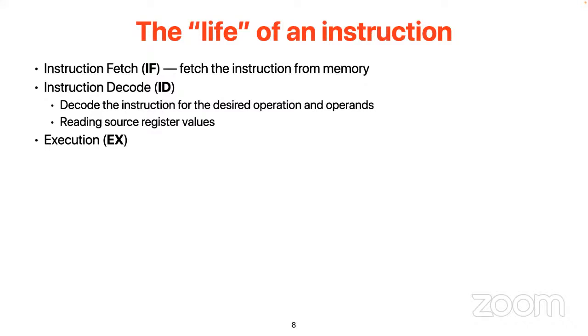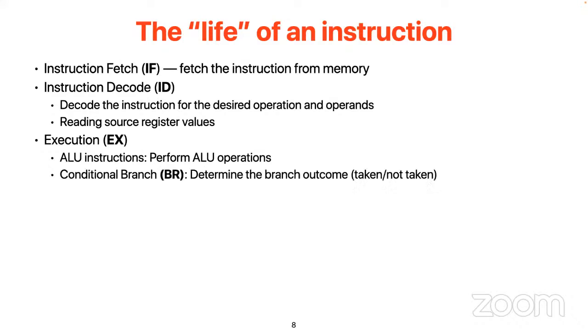And when you want to execute the instructions, depending on what kind of instruction, you may use different parts of your hardware. So for example, for an ALU instruction, you will have your ALU read those register values and perform operations. Or you might have a conditional branch, which requires you to determine the branch outcome, which means that based on whether it's taken or not taken, you may modify your program counter.